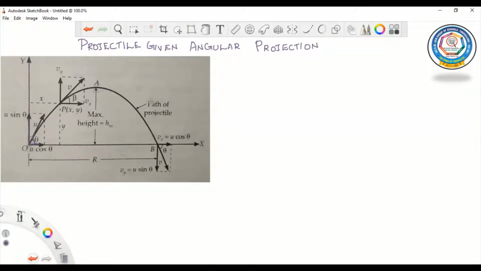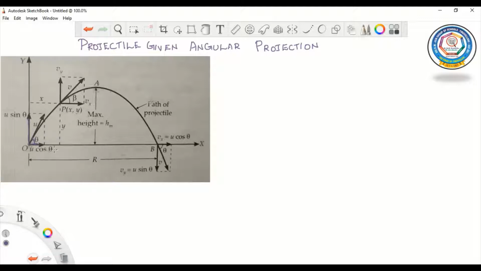This component first decreases and becomes 0 at the highest point A, after which it again increases till the projectile hits the ground. So what are the two components here, children? One is u cos theta and another one is u sin theta. The horizontal component remains constant, but the vertical component changes with time.